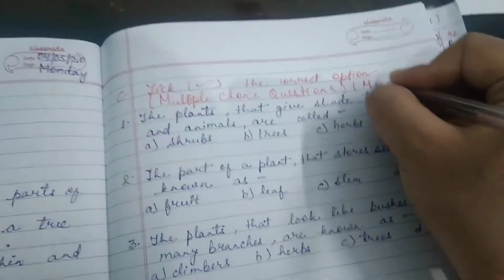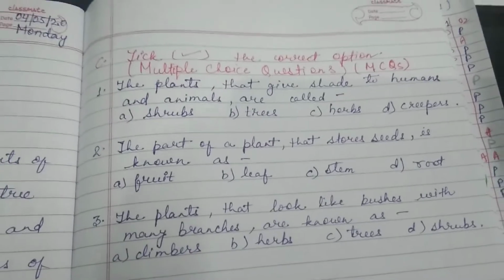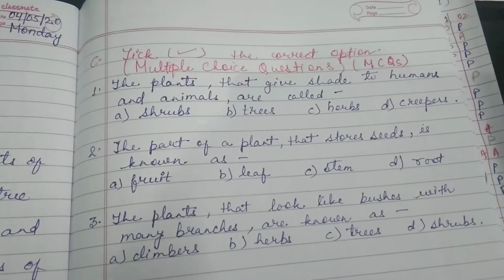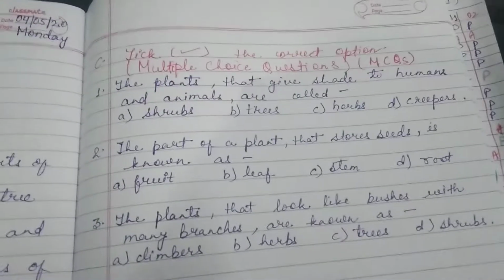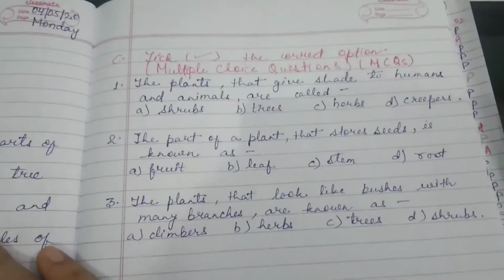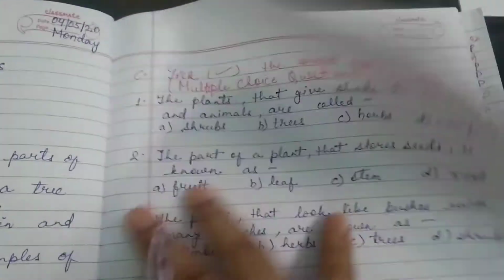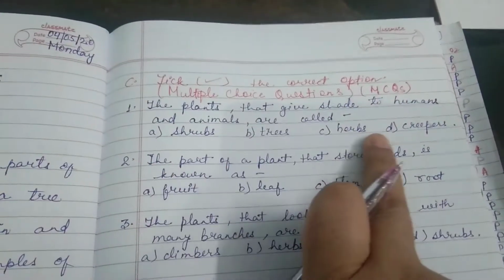In short, it is known as MCQs. So, your third question, tick the correct option, in which there are three questions, and each question has been given 4 options. You have to find the correct option.